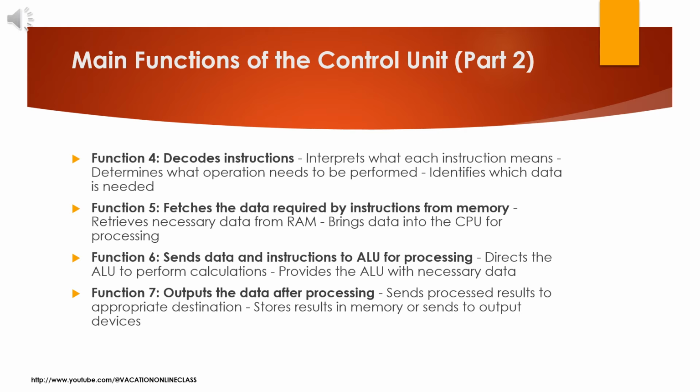Once an instruction is fetched, the control unit interprets it to understand exactly what needs to happen. It determines the specific operation required and identifies which pieces of data are needed to get the job done.